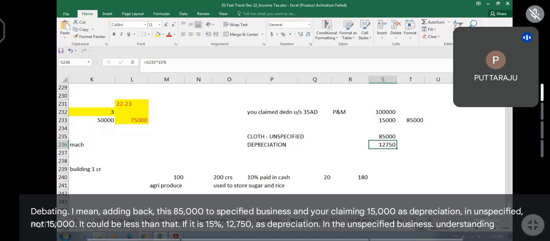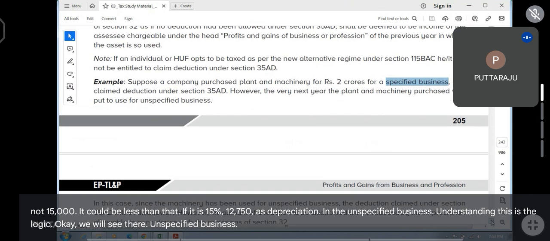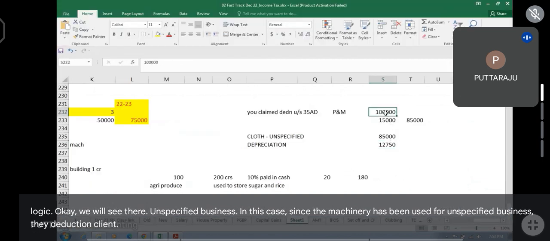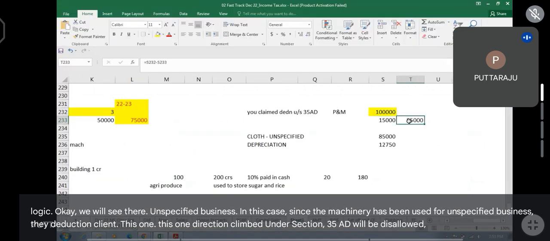Understanding? This is the logic. Okay, we will see there. Unspecified business. In this case, since the machinery has been used for unspecified business, the deduction claimed under section 35AD will be disallowed.